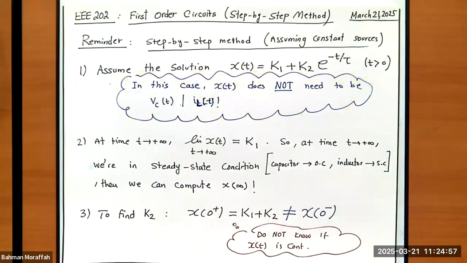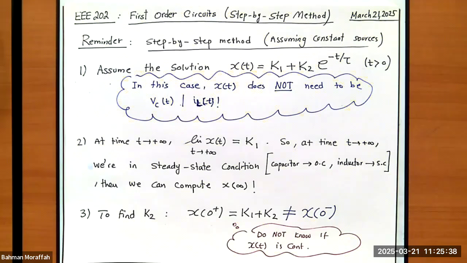So what if I replace my capacitor with a voltage source with value VC at time 0 negative, and my inductor with a current source with value IL at time 0 negative, at time 0 plus? What changes? Nothing. Because remember, the value of the voltage across the capacitor would not change by much. And since it's continuous, if I look at it immediately before 0 and immediately after 0, the value of voltage across capacitor remains the same.